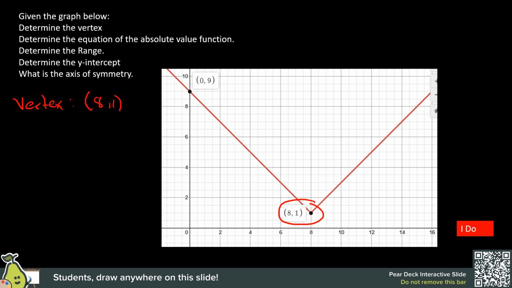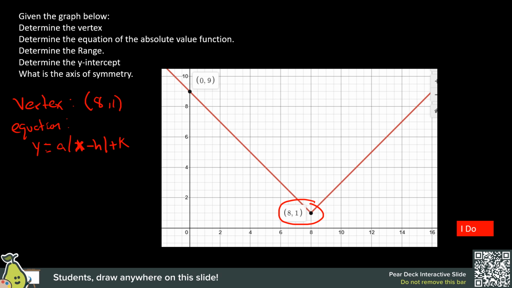Identify the vertex. For the equation, I want to come up with the equation for this. Just like we did in the other question, we're going to use that vertex. So we have y equals a times the absolute value of x minus h, plus k.